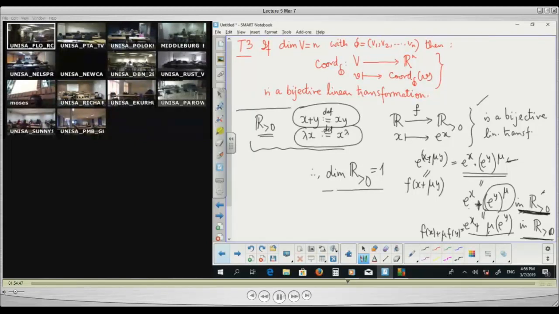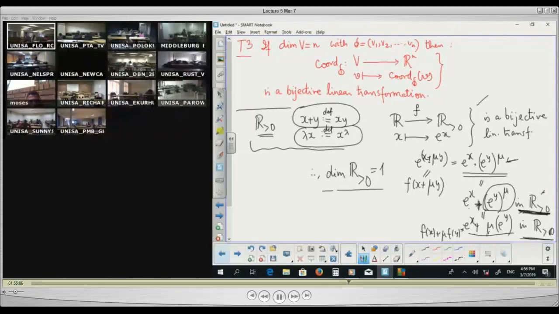Okay, so you see, this tells us, therefore, something very fascinating, that every finite dimensional vector space of dimension n essentially looks like R^n. Okay, good. So how does it behave with linear transformations now?